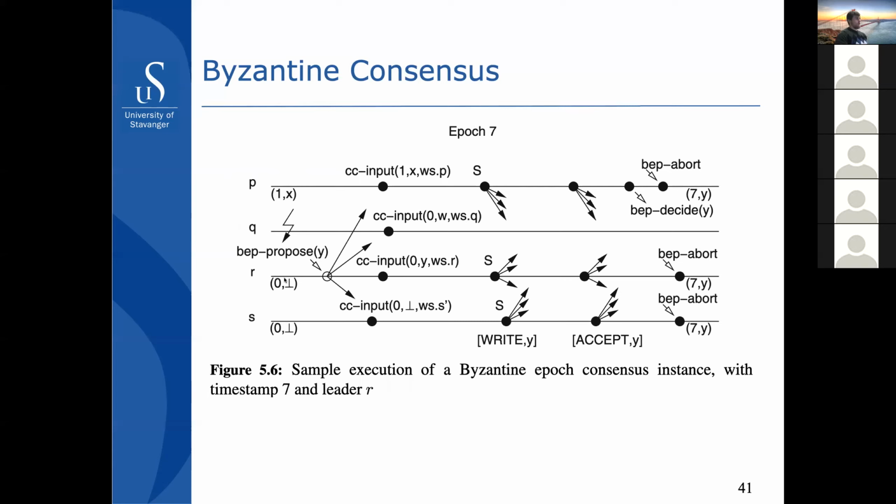In epoch 7, the process Q is still Byzantine. He has this little lightning here. And now in epoch 7, the process R is the leader. He proposes the value y here.